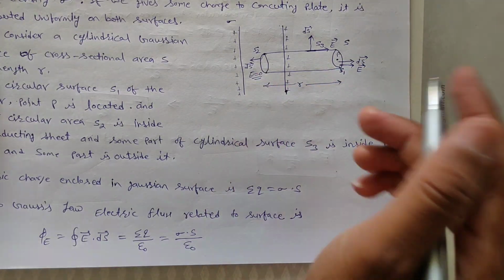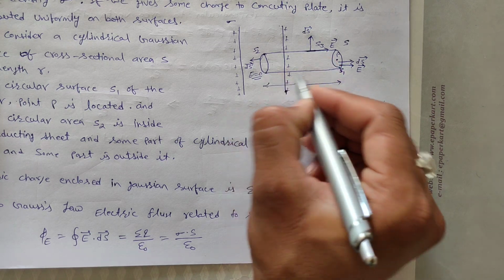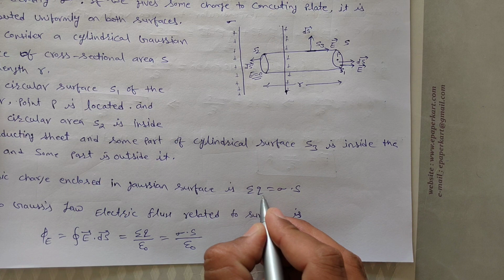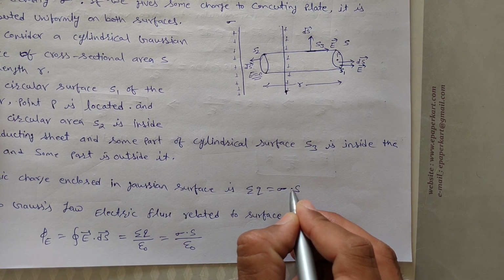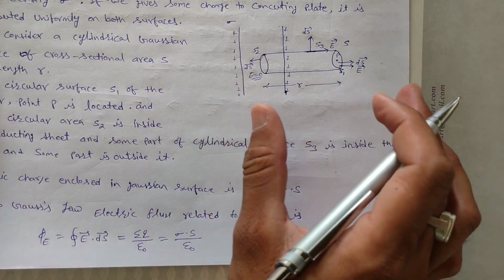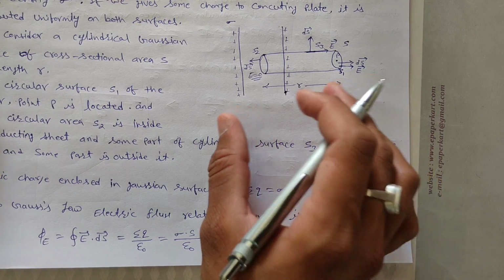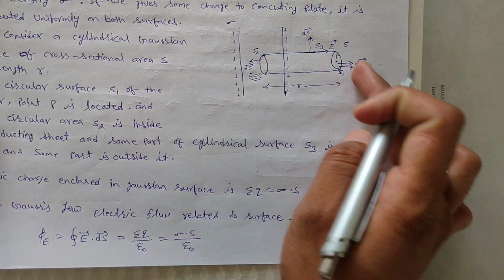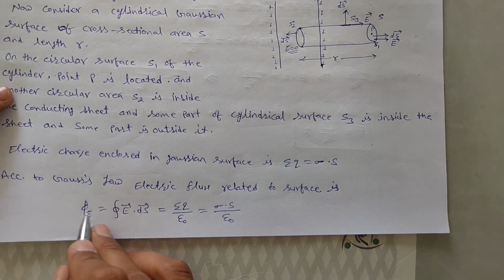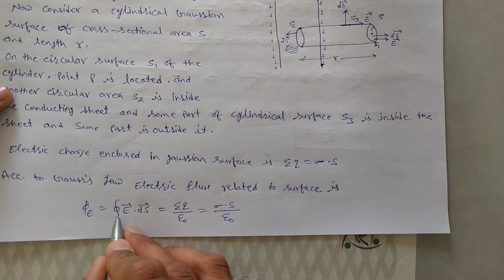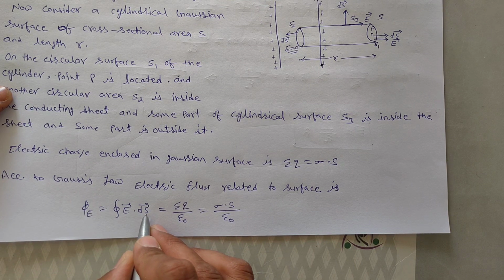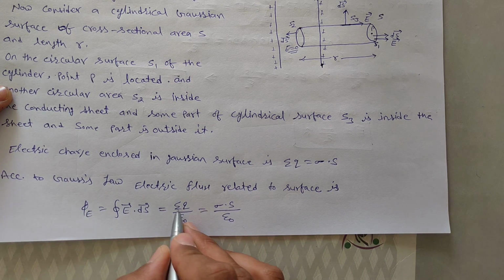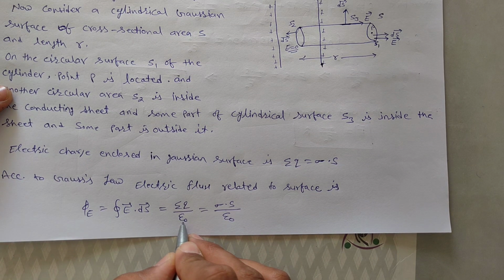Now the electric charge enclosed in this Gaussian surface is summation q equals sigma into S. According to Gauss law and the definition of electric flux related to this surface, we can write phi e equals closed integral E vector dot dS vector. According to Gauss law, phi e equals summation q upon epsilon naught.